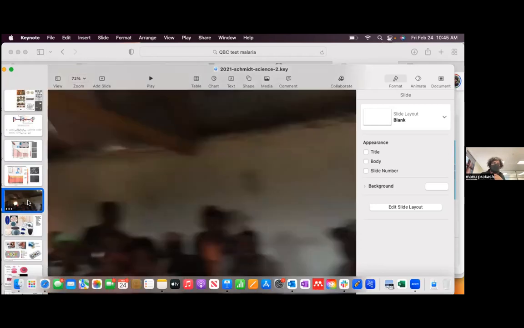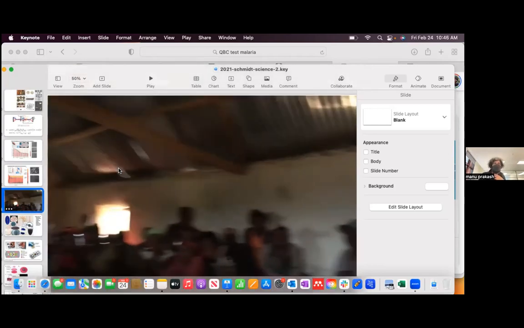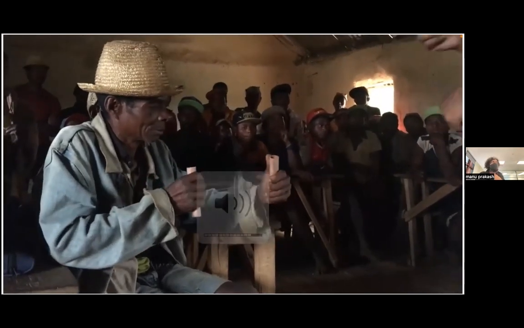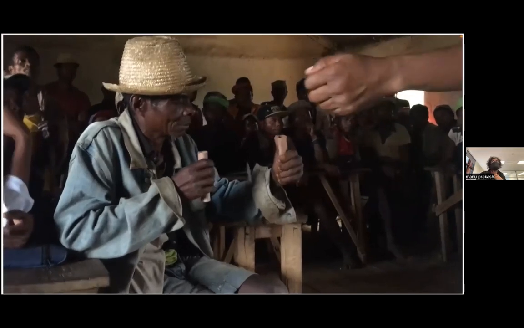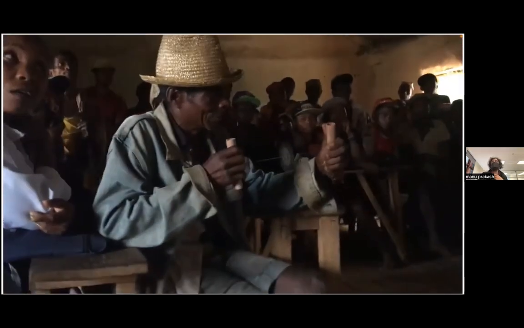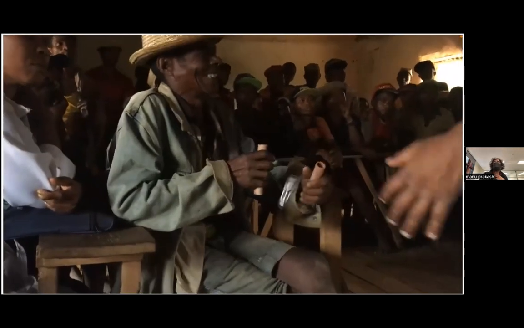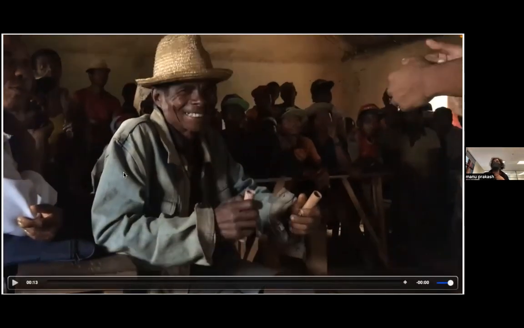So this is what it looks like in a field condition in Madagascar. This is kind of a fun thread. This is Malagasy, so of course I don't understand it. But this is one of our field sites where we tested some of this early on. And it's a fun moment sometimes when you realize this is a village chief. And of course, we work with clinicians.